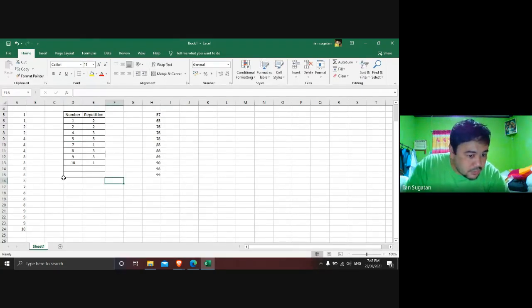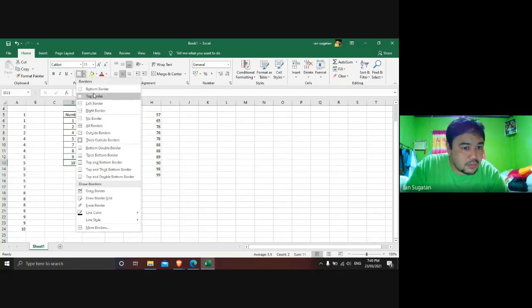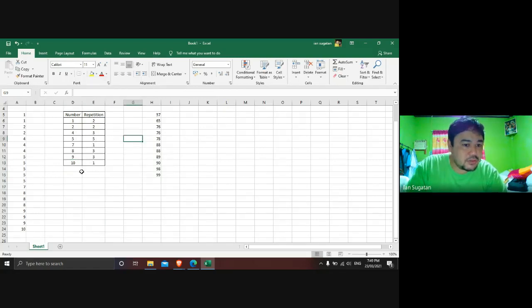Okay, so never mind this one. Okay, no border. Then bottom border. Okay, so this one. So therefore, it's a condition statement. So therefore, 5 will be the answer. Put the modes.